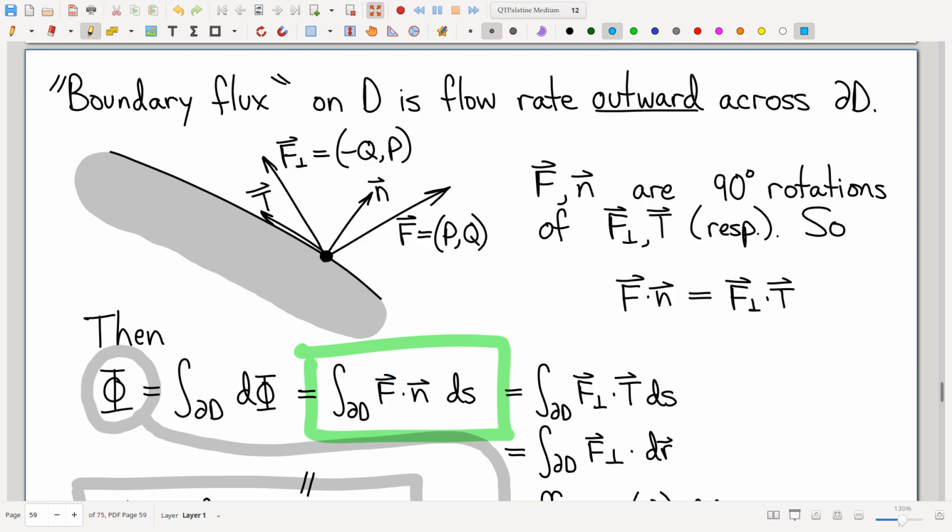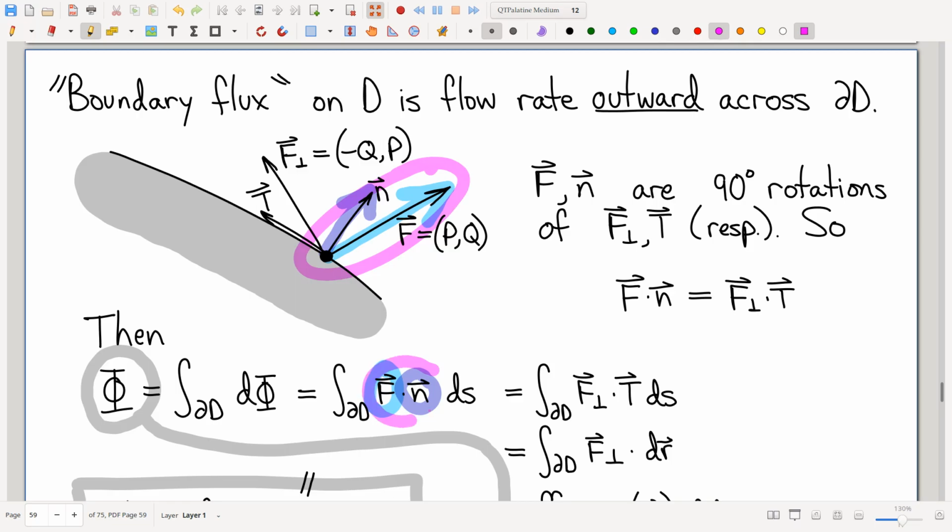Recalling, we have F, maybe like so. We've got N, outward. And this dot product, F dot N, I'll use purple. F dot N. It depends on the lengths of these vectors.